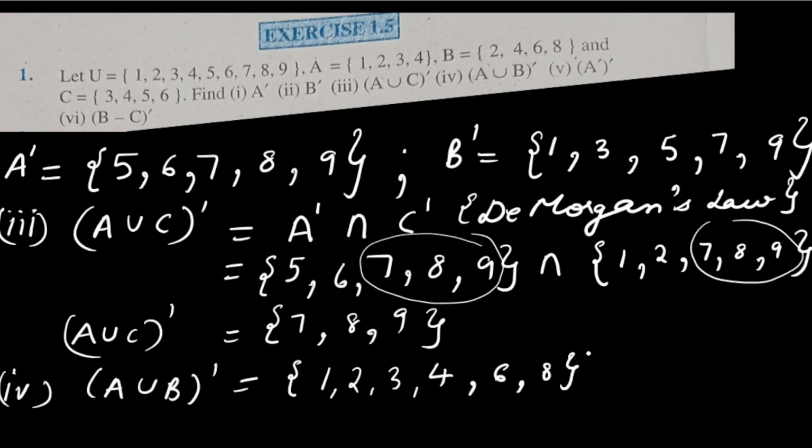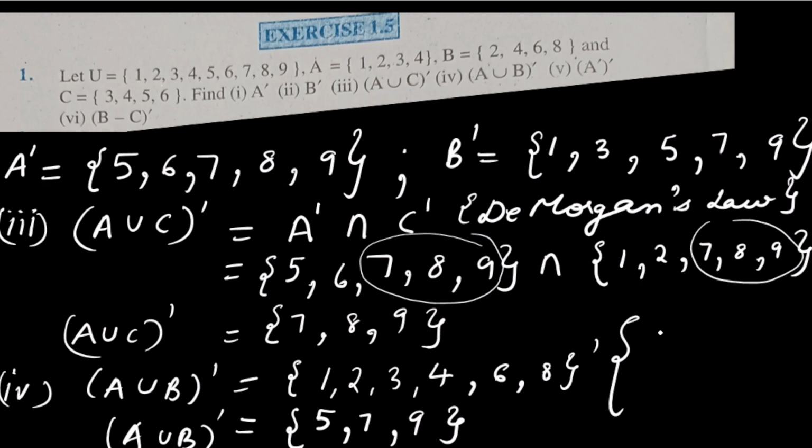Now I have to consider its complement because A union B's complement I have to find. From universal set, I don't have to consider 1, 2, 3, 4, 6, 8. So 5, 7 and 9. A union B's complement is 5, 7, 9.